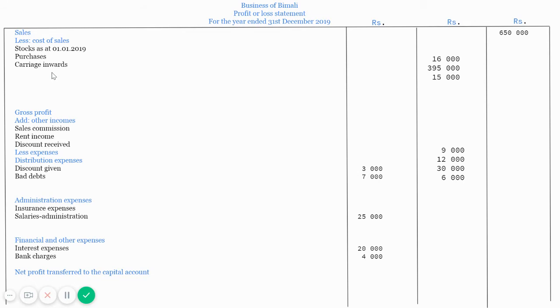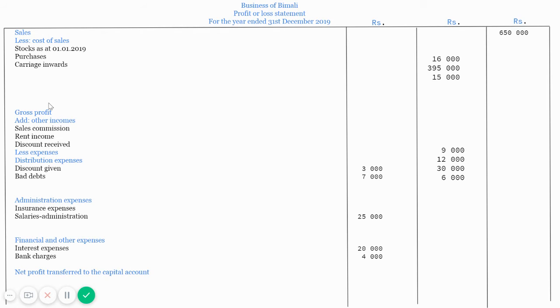If it indicates just the word sales commission, and if it's a debit balance in the trial balance, it always has to be an expense, because we know only the assets and expense balances will be debited. So when it is a debit balance of 9,000 according to this sum, we are not going to consider it as an other income here.